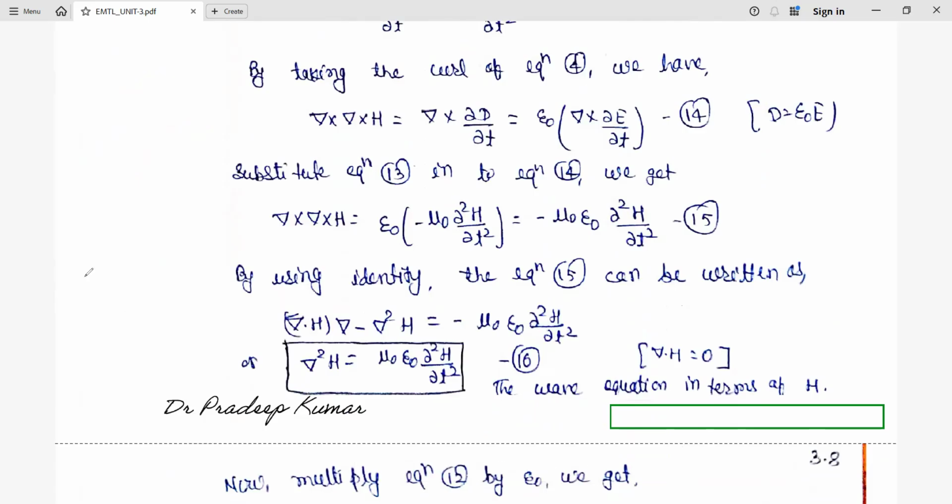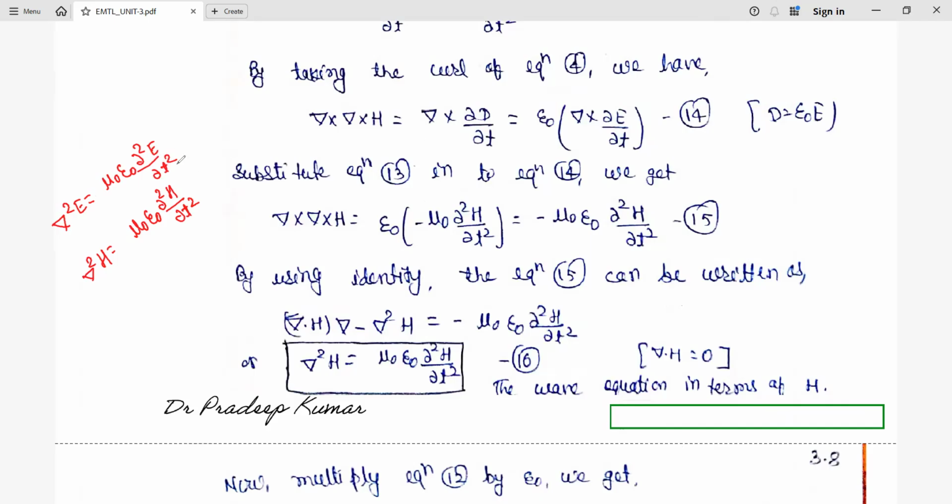So now finally ∇²H equal to μ₀ε₀ ∂²H/∂t². In case of electric field, we have ∇²E equal to μ₀ε₀ ∂²E/∂t².